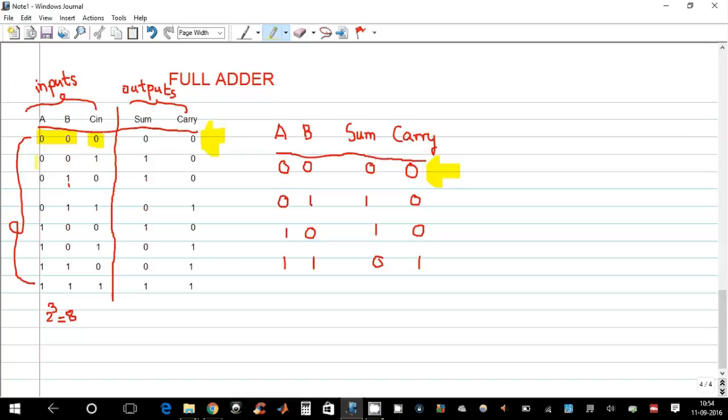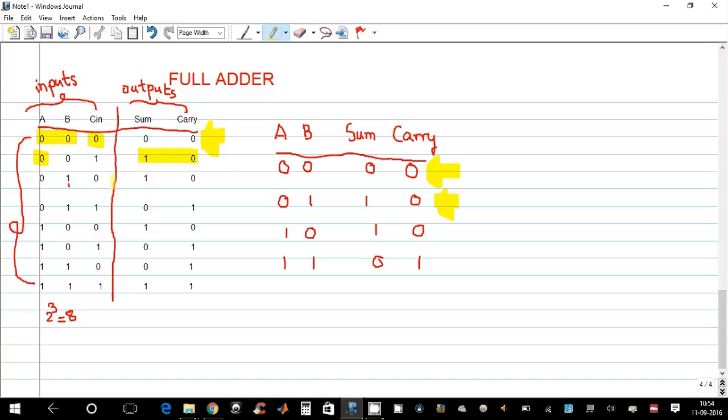Let's say we are ignoring this A, which is equal to 0, and see what this addition results in for inputs 0 and 1 in the half adder. For the input 0 and 1, we have a sum of 1 and carry of 0. So that is what is written here.